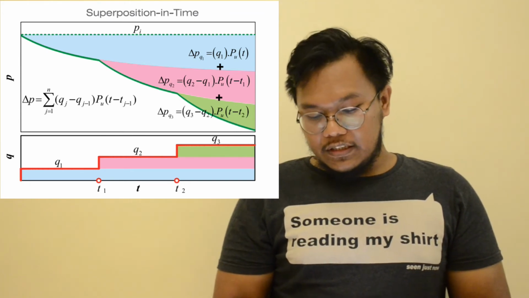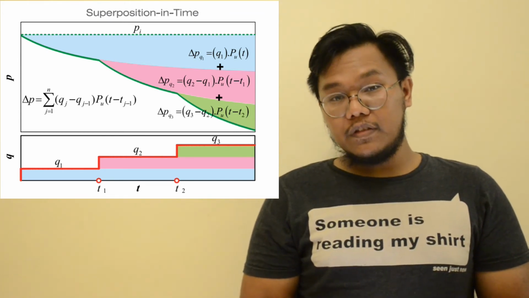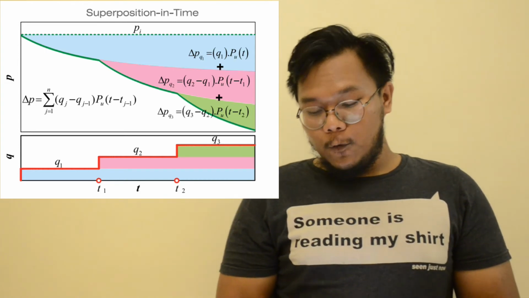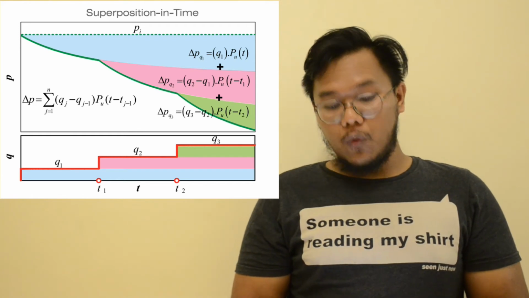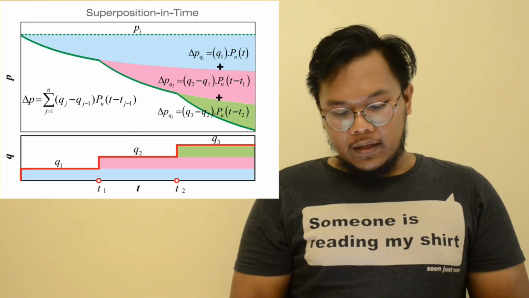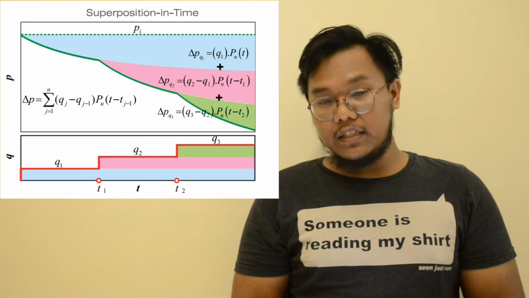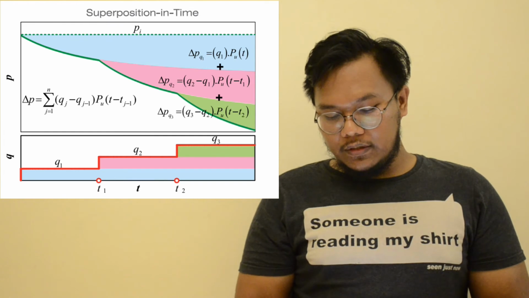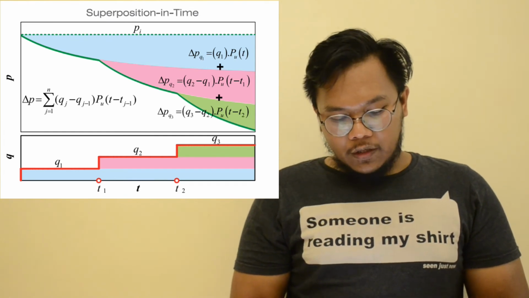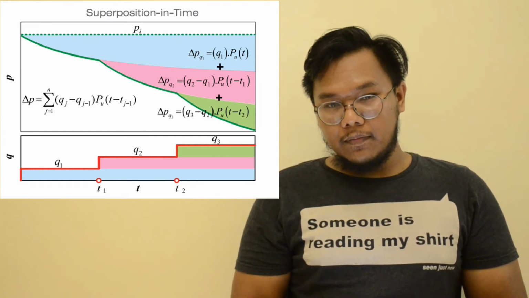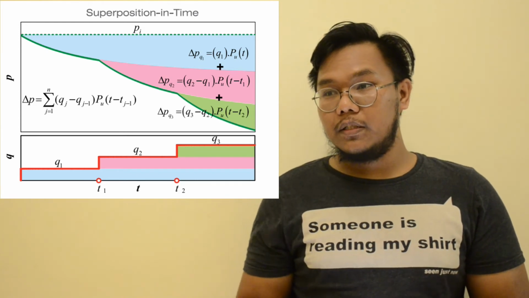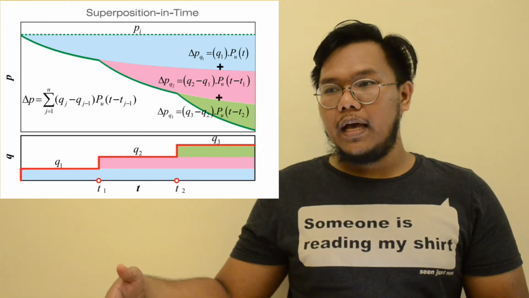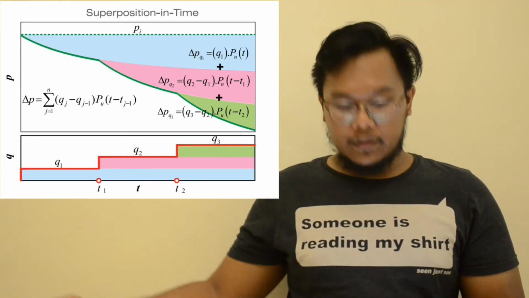To perform the superposition calculation, the single well may be visualized as two wells located at the same point: one producing at rate Q1 from time 0 to t, and the second, known as the imaginary well, producing at rates Q2 to Q3 starting from t and continuing over the period t minus t1, then Q4 to Q5 over t2 minus t3, and so on.